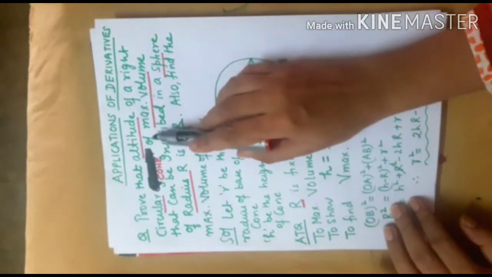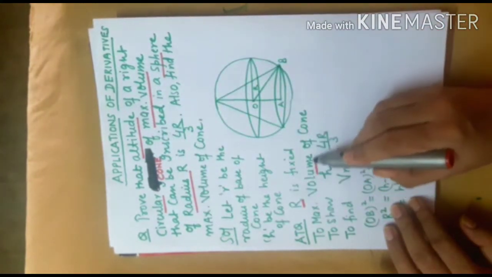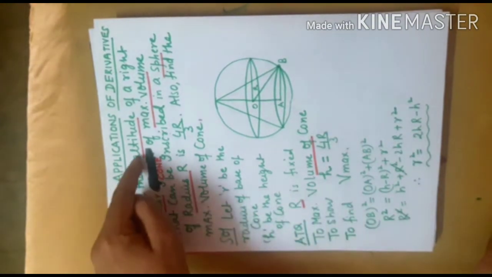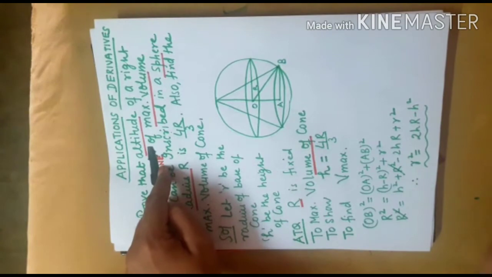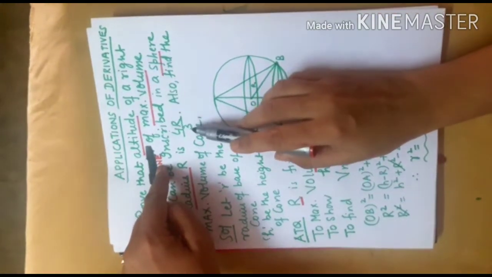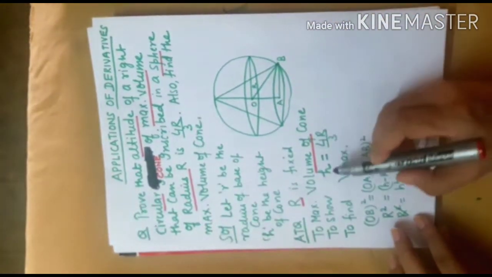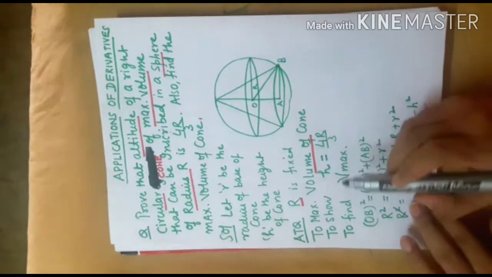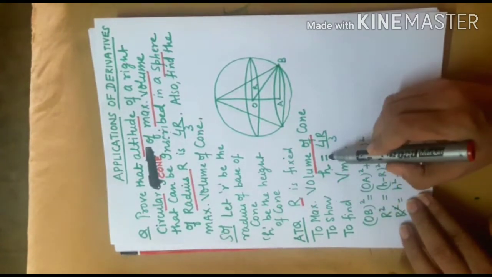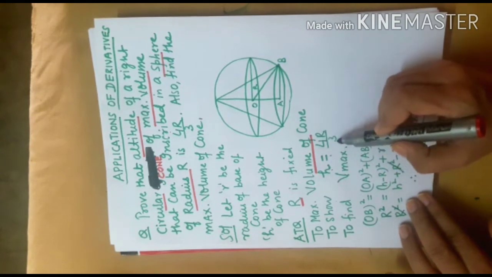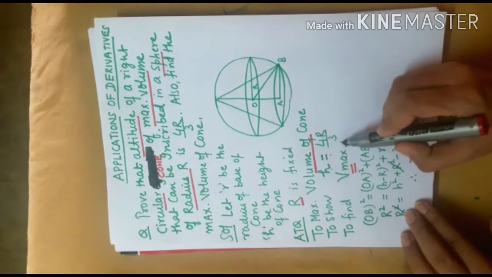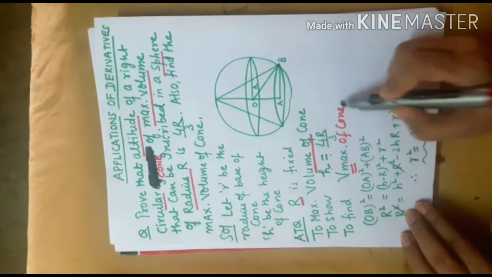We are to maximize the volume of the cone, and we are to show that the altitude of the cone is 4r by 3. So if h is the altitude, that is the height of the cone, then we are to show h is equal to 4r over 3, and we have to find the maximum volume of the cone.